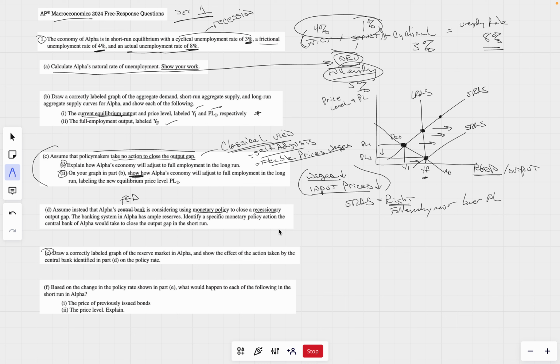Easy enough. The banking system in Alpha has ample reserves. Now, that's pretty important. Identify a specific monetary policy action that the central bank of Alpha would take to close the output gap.